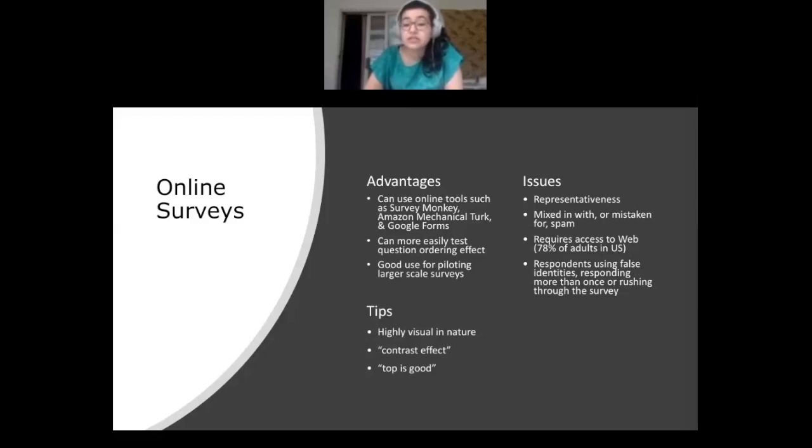And it's a good use for piloting larger scale surveys. So say you're trying to do a larger population survey, but you don't have the resources, so you're doing a pilot study, and you can use that data to get funding and expand on your survey later.